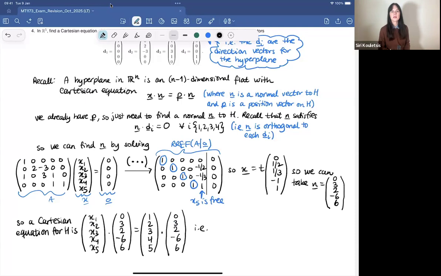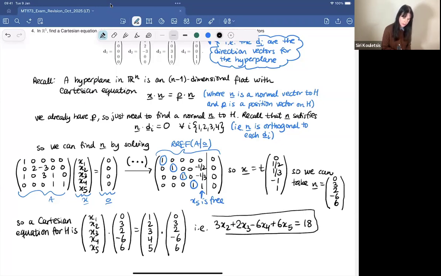And now it's just a matter of multiplying out here. And the right-hand side there gives us 18.